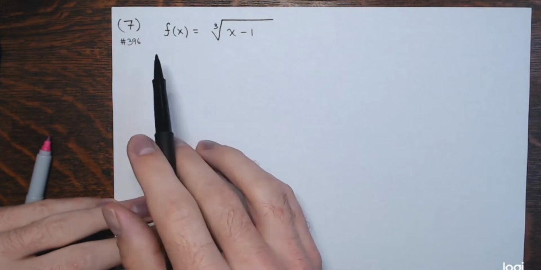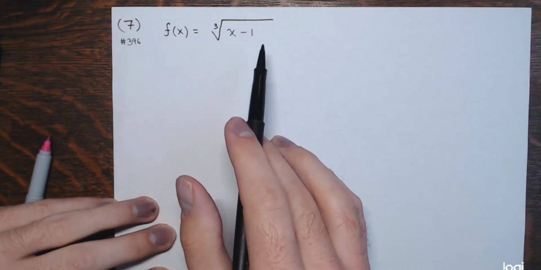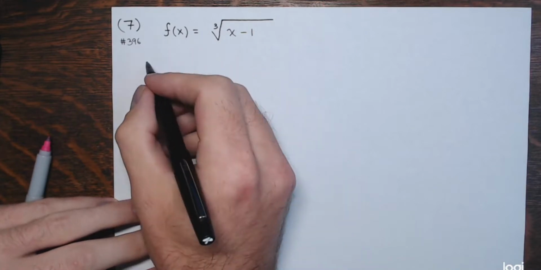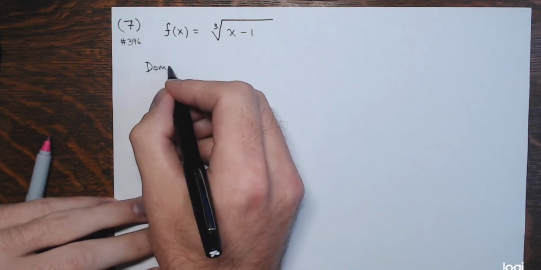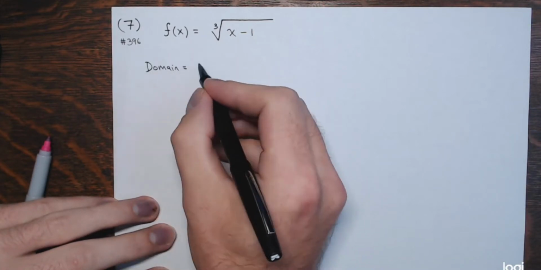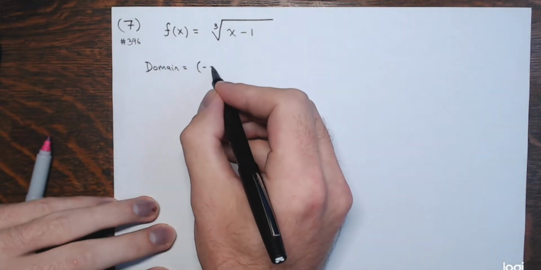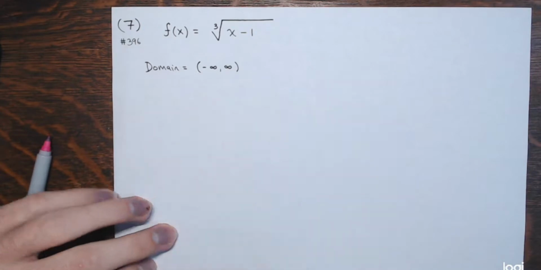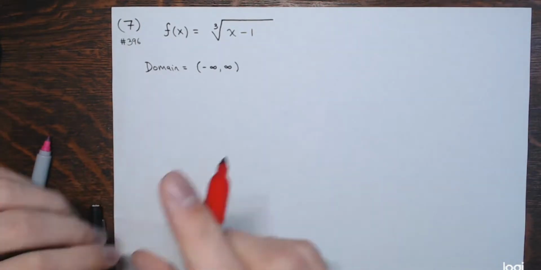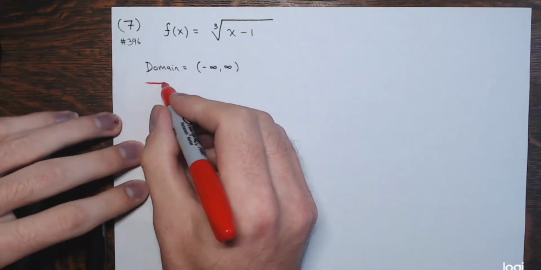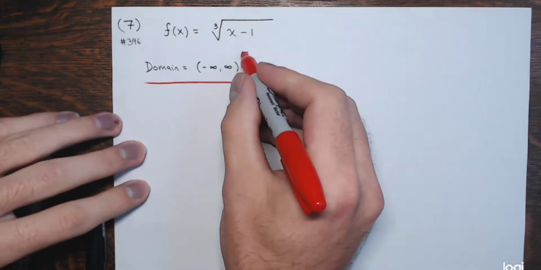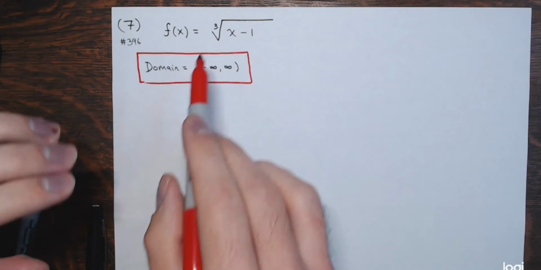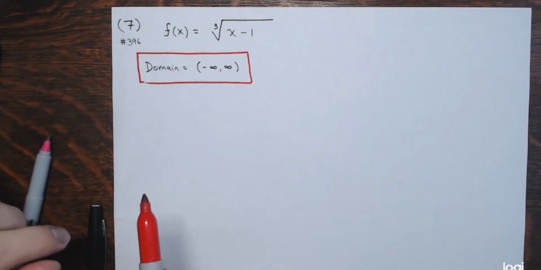So as long as there aren't denominators with variables, any odd root function, the domain is all real numbers. I'm just going to put the interval notation for all real numbers. Now you can write out the words all real numbers if you want, but this is a little quicker. So there's the domain. You can plug in anything for x. Anything.